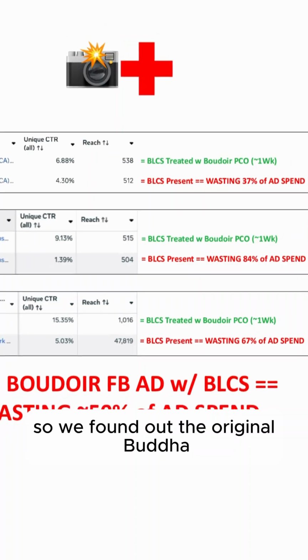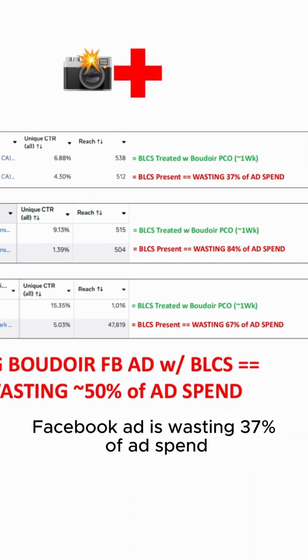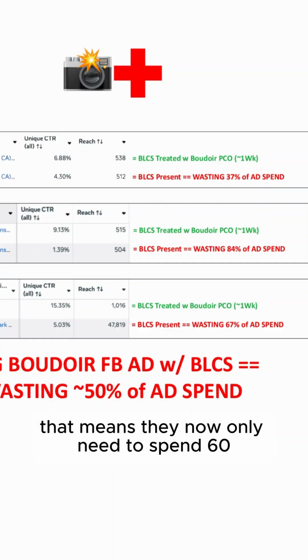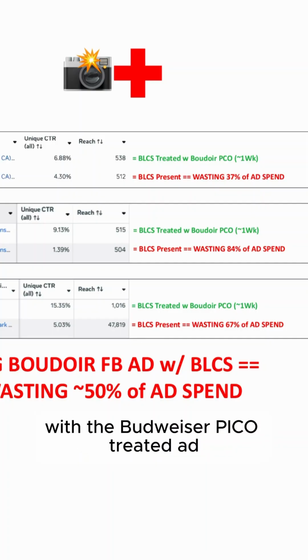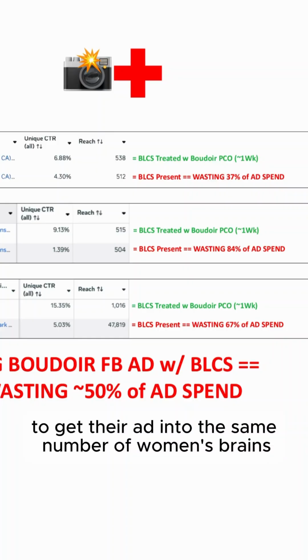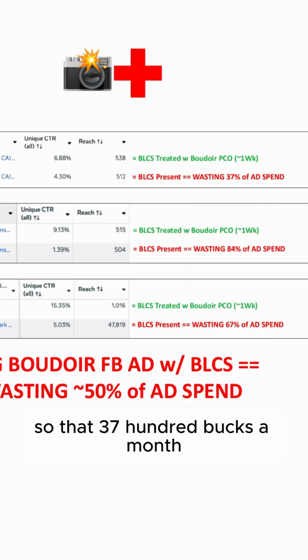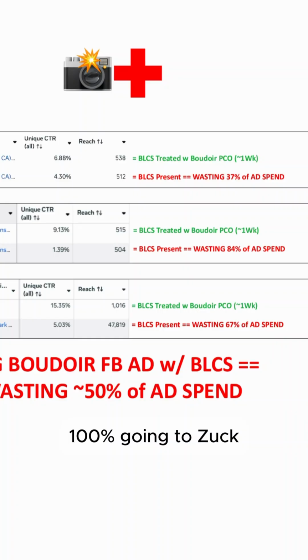So we found out the original Boudoir Facebook ad is wasting 37% of ad spend. That means if they're spending 10 grand a month on the original Boudoir Facebook ad, they now only need to spend 6,300 bucks a month with the Boudoir Pico treated ad to get their ad into the same number of women's brains. So at 3,700 bucks a month, it's literally doing zero for them. 100% going to Zuck.